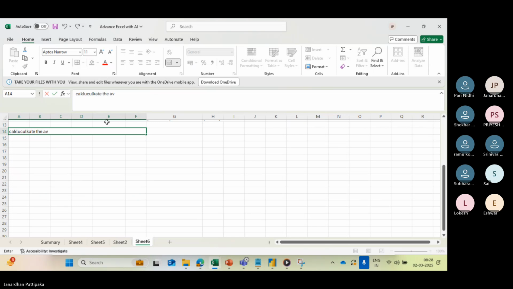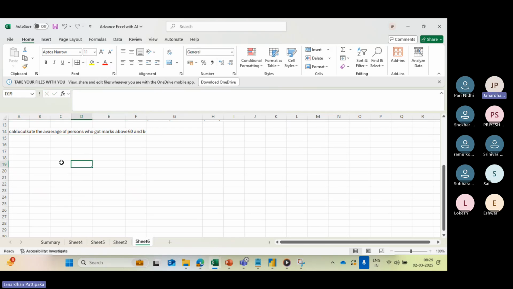Now I want to calculate the average of the persons who got marks above 60 and below 90.